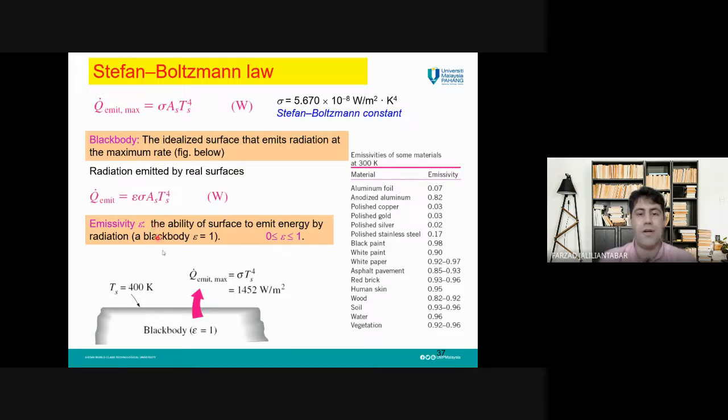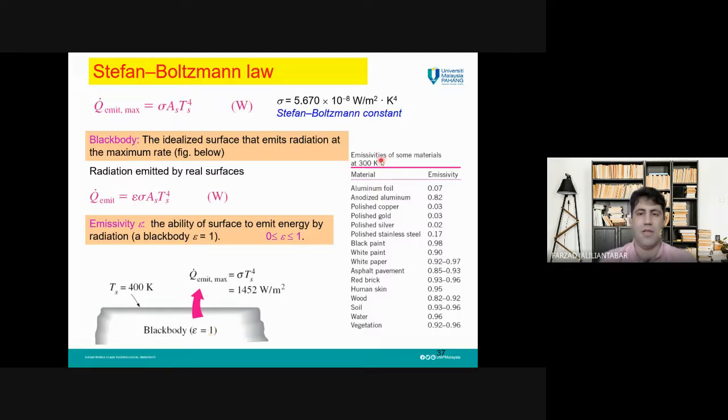For an idealized substance, which we call a black body, epsilon is equal to 1. In other words, it is assumed that the whole surface is emitting radiation. And this emissivity, based on the surface properties, will be different for different substances.